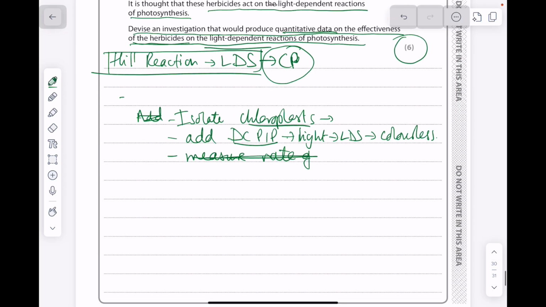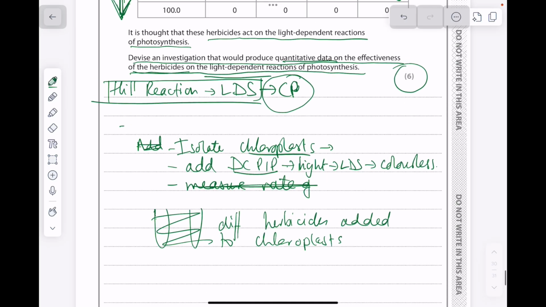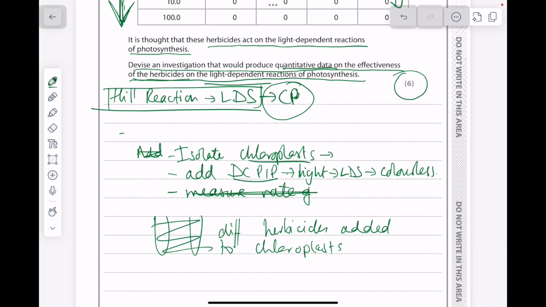So what we could do is have tubes where we've got different concentrations. So let's begin first with different herbicides added to chloroplasts. Would the herbicides act on the light-dependent stage? Yeah, okay.